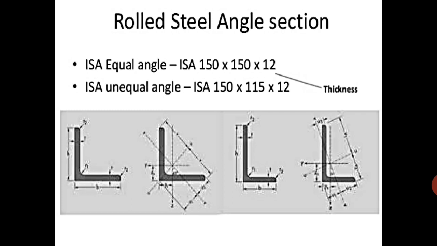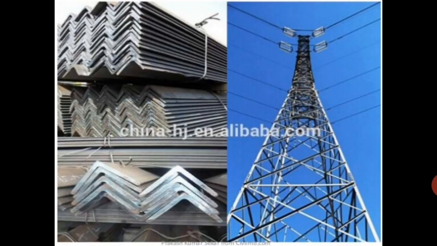Okay, so in 150 by 150 by 12, the last value is the thickness. This is the diagram of angle sections, which are used in electric towers.